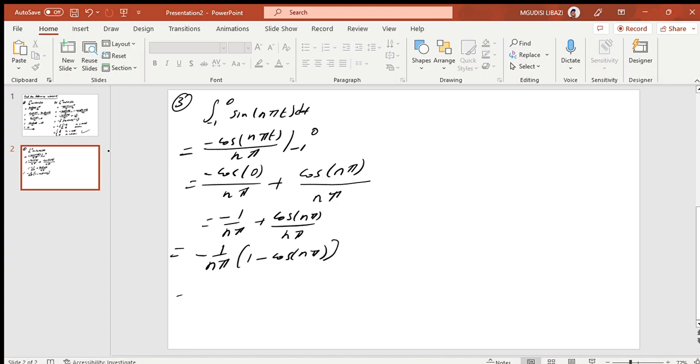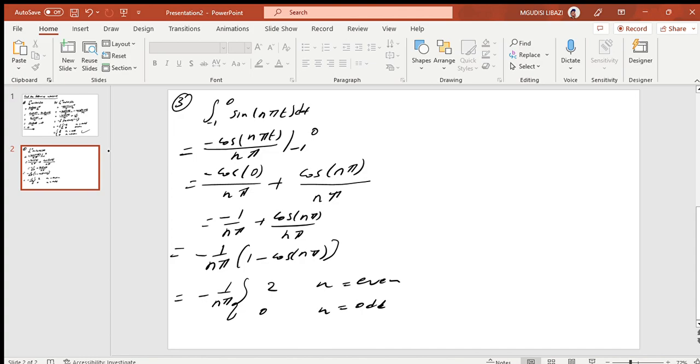So now we can say this is equal to -1/n pi times that expression. Again, we substitute values there. We'll notice that we get 2 whenever n is an even number, and we get 0 whenever n is an odd number.